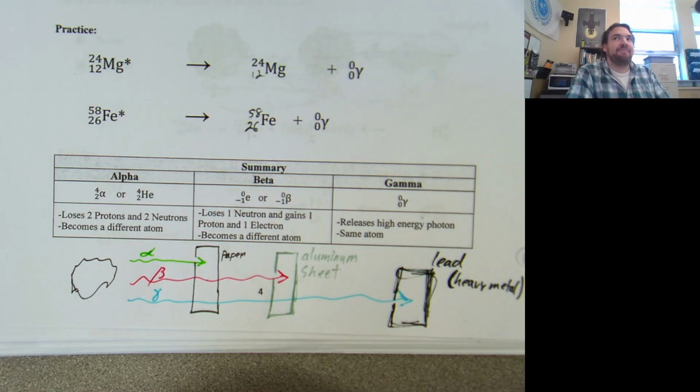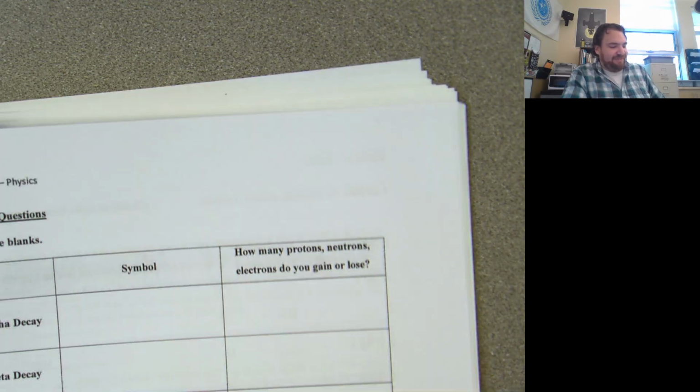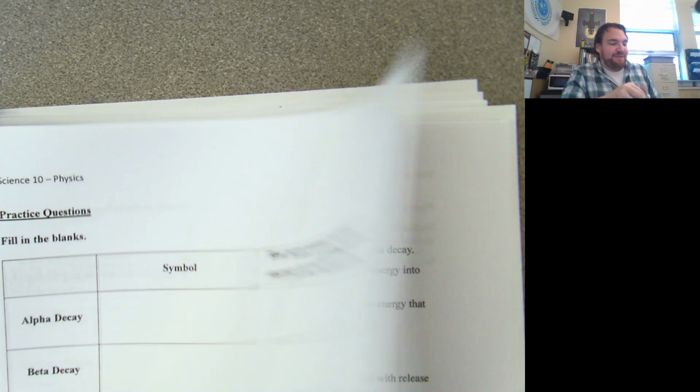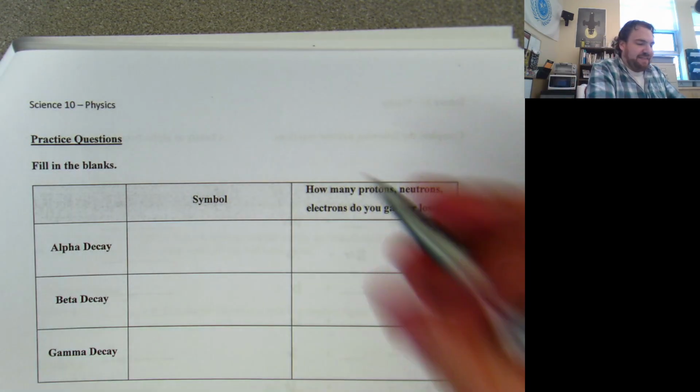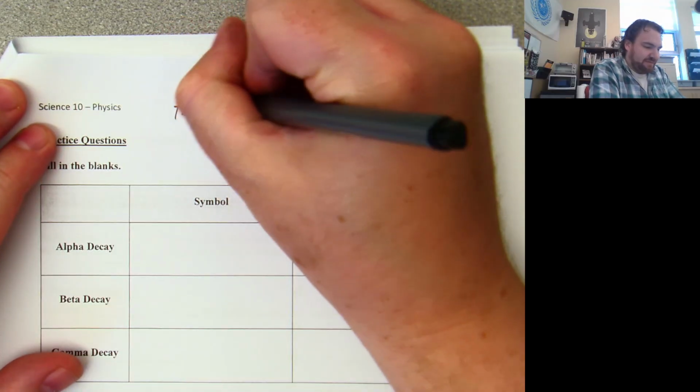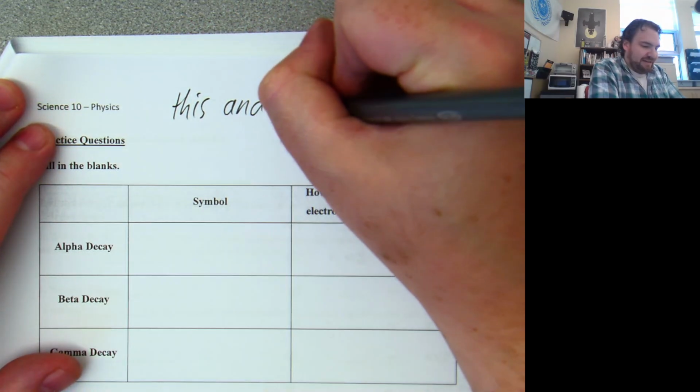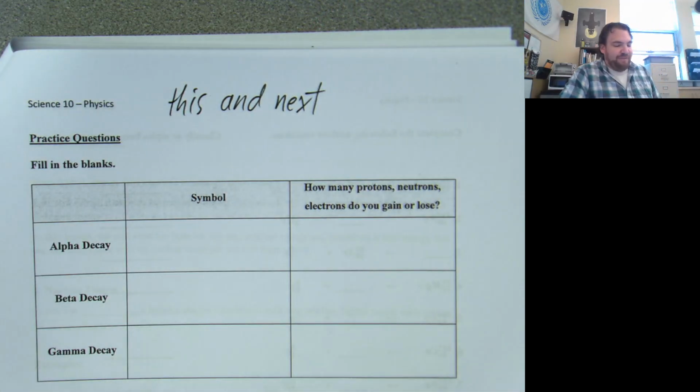All right, can we try that? So here's what I'd like you to do. You have a whole host of practice questions, this page and the next. It's a summary of what we've looked at.